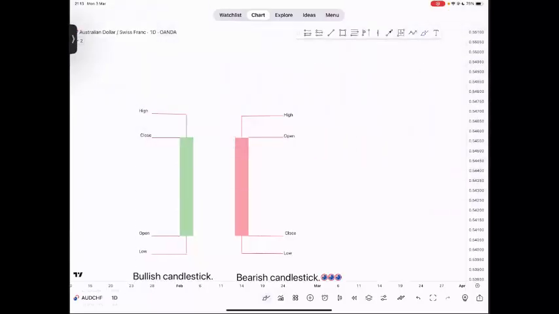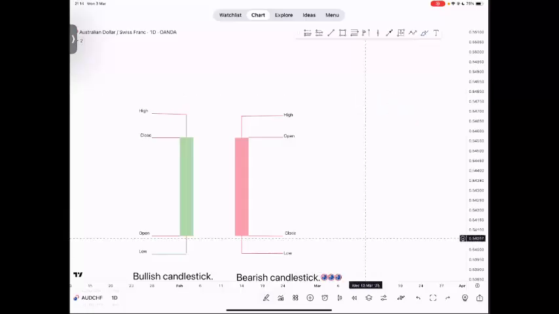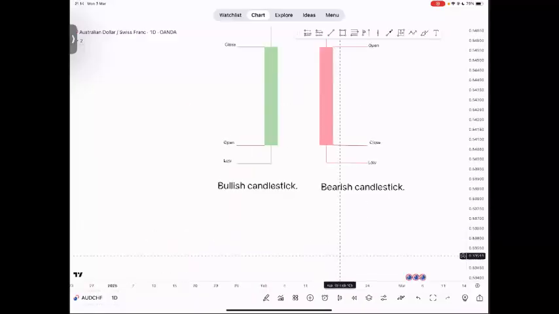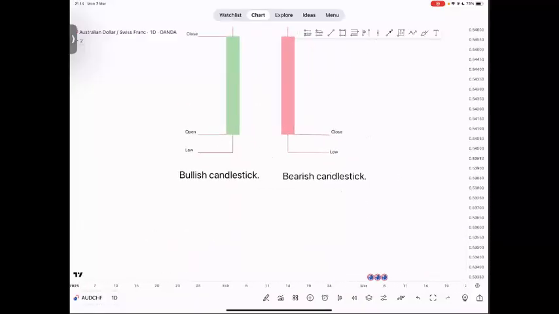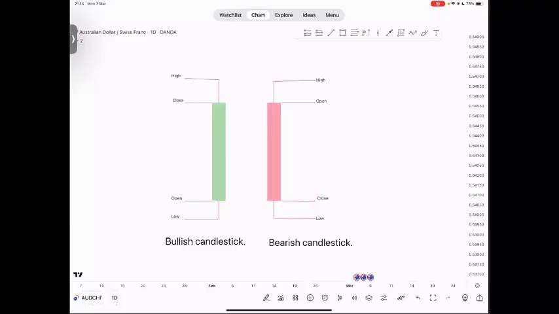We have the engulfing candlesticks, and then we have the hammer, the pin bar, the doji, and then the engulfings. These are the most important candlesticks that you're going to need when it comes to trading, right?